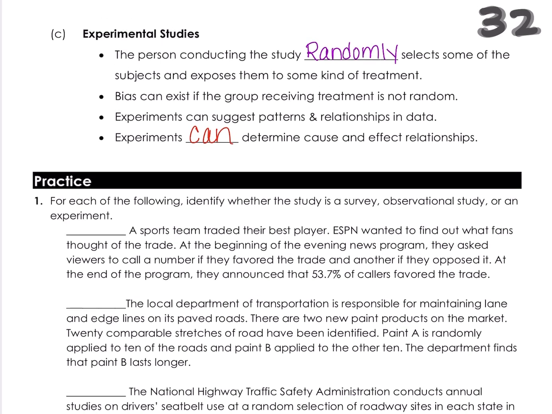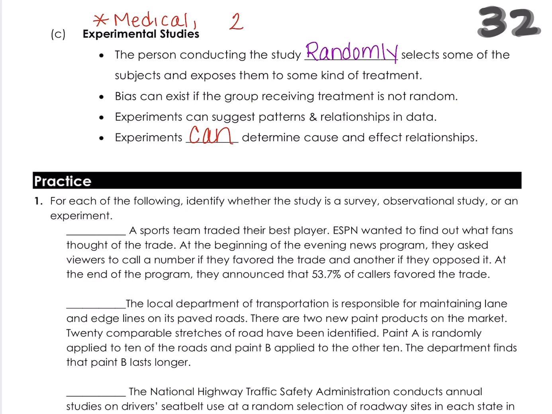Now, something that I want to add on to experimental. Typically, if it's a medical experiment, you'll see one group might receive a certain drug and one group might receive a placebo, which means like a fake drug. It's really empty. And that is how you can see the difference.